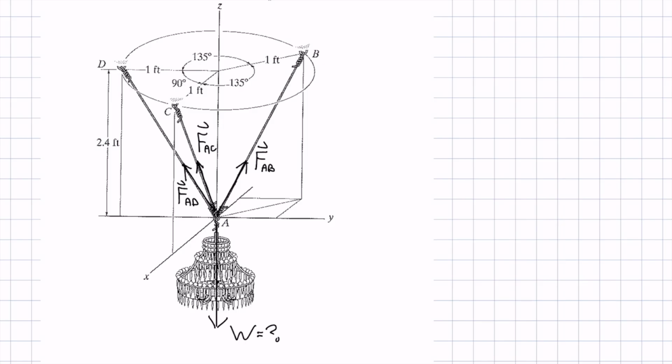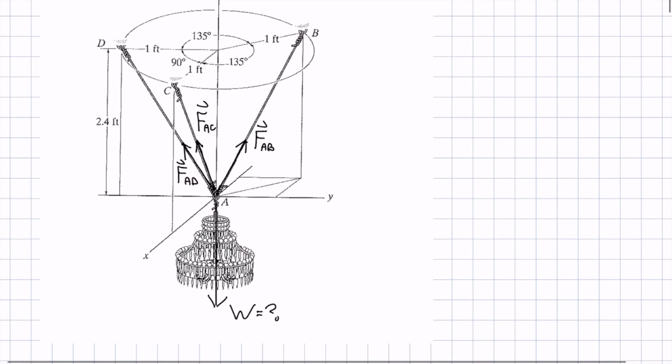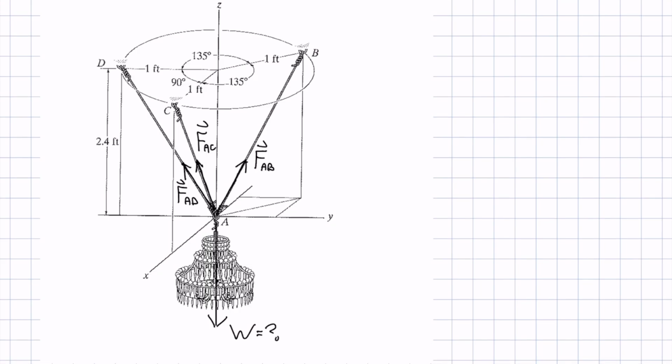Now, one important thing to note while we're looking at this: it says each wire can sustain a maximum tension of 120 pounds. Some people make the mistake of setting each wire at 120 pounds to solve this problem. Do not do that. These wires are not necessarily symmetrical with each other. If they were spaced equal angles apart, that might be the case.